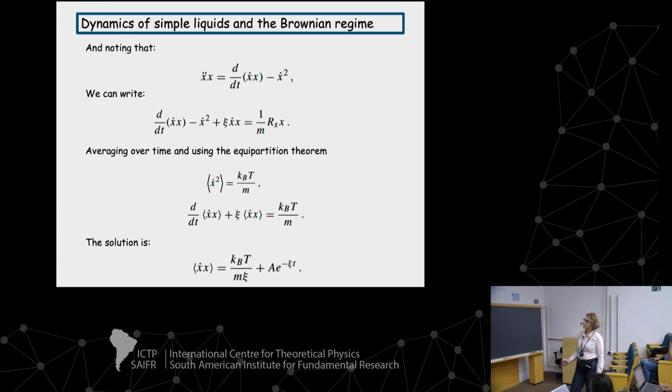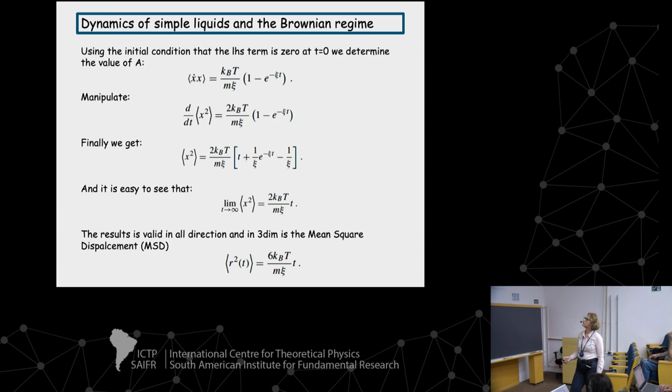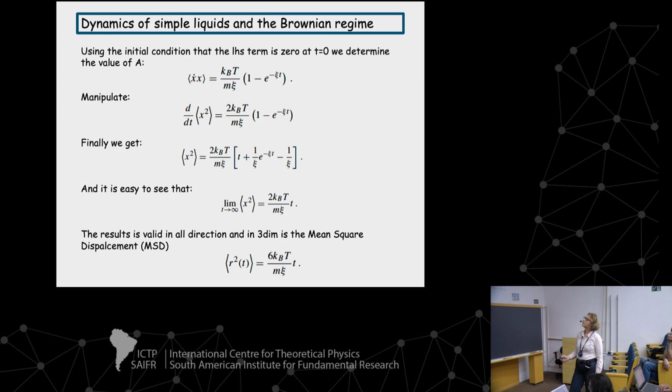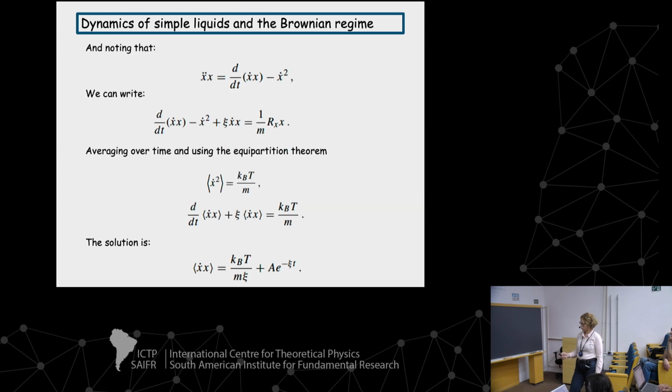So we have to determine now the value of this constant. We use the initial condition that the left-hand side of the equation that we just saw is 0 at t equal to 0. And this determines the value of A. It's a simple passage that I leave to you.